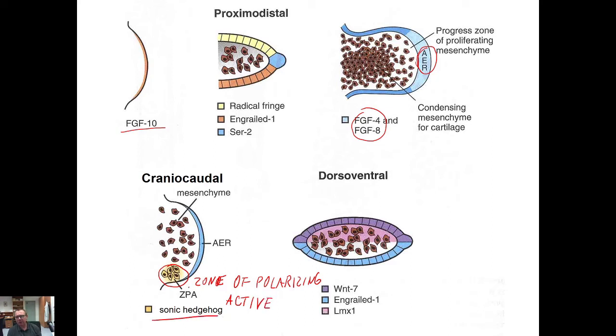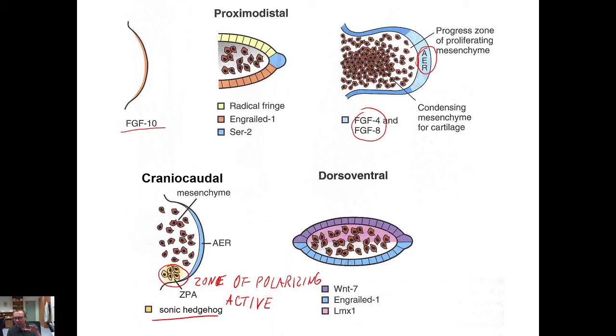Sonic hedgehog is secreted by mesenchymal cells, of course, of the ZPA, and a high level of sonic hedgehog is a signal for the tissues here to differentiate towards the tissues of the caudal fingers and the ulnar side of the forearm, for example.